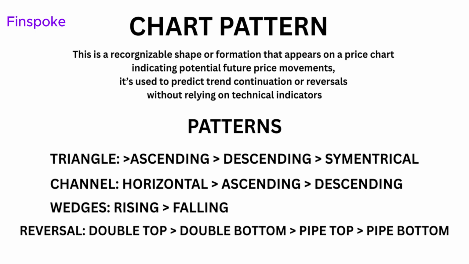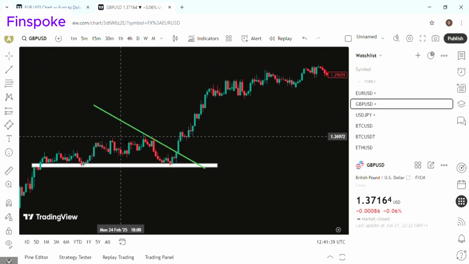For instance, in a moving up trend like this, the pattern to form can be categorized into these things. Either it forms a triangle pattern, which comprises ascending triangle, descending triangle, or symmetrical triangle. Or it could form channels in the form of horizontal channels, ascending channels, descending channels.